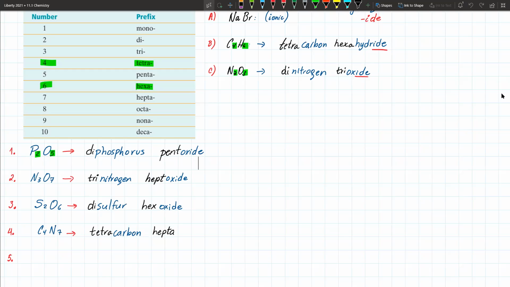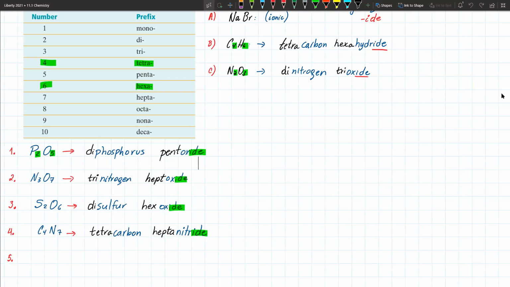Heptanitride. Nitride. So heptanitride. Remember, all of them end in -ide because they are binary. They have only two elements. Thank you, Gerardo.